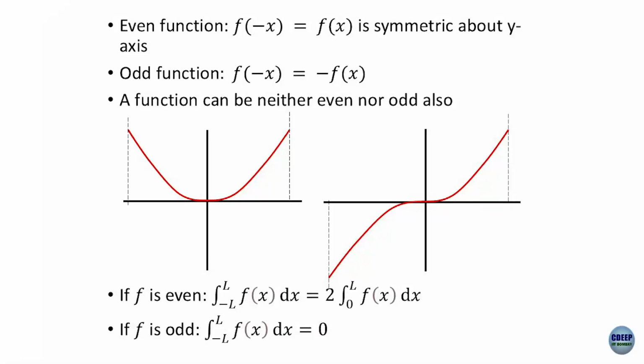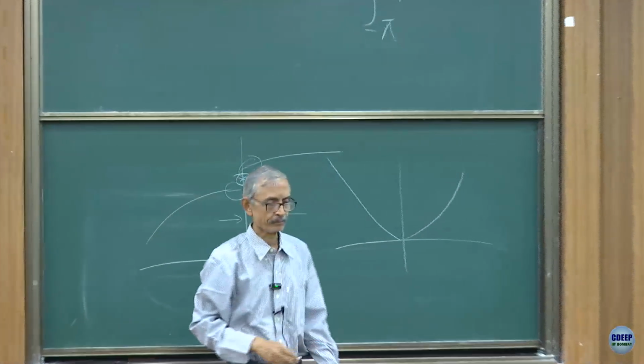Then we said that we can have functions which are either even or odd. An even function is one where f of x is equal to f of minus x.